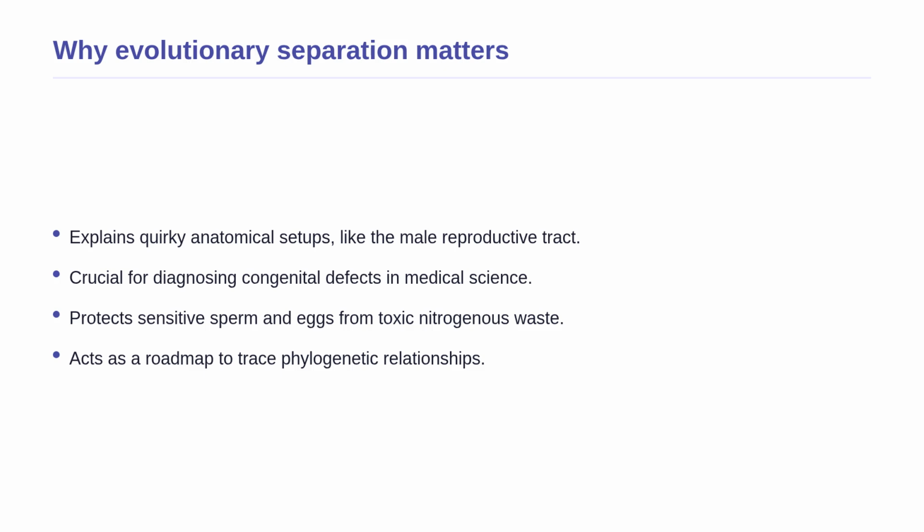In medical science, understanding this shared embryonic origin is absolutely crucial for diagnosing and treating congenital defects. Furthermore, if we did not have this evolutionary separation, highly sensitive reproductive cells like sperm and eggs would be constantly exposed to toxic nitrogenous waste, drastically reducing fertility and species survival.